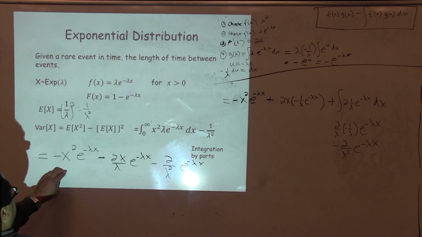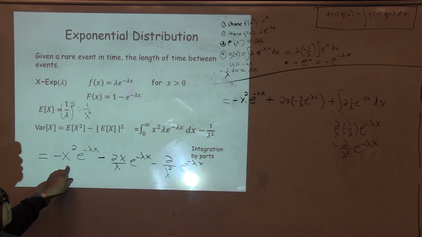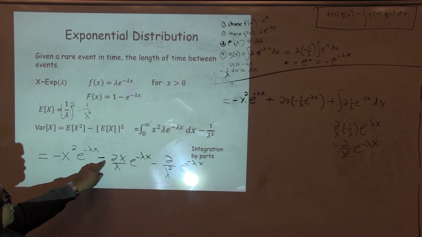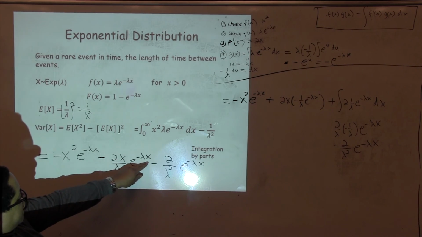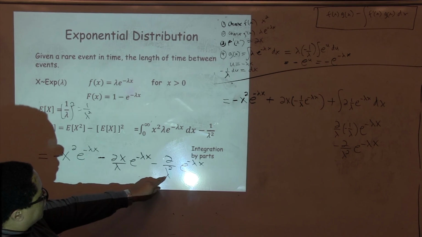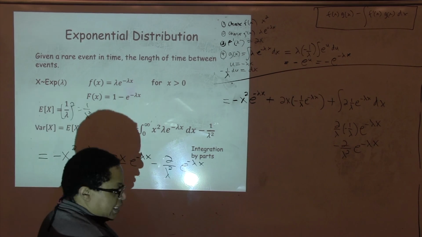So that's minus x squared e to the minus lambda x minus 2x over lambda e to the minus lambda x minus 2 over lambda squared e to the minus lambda x.